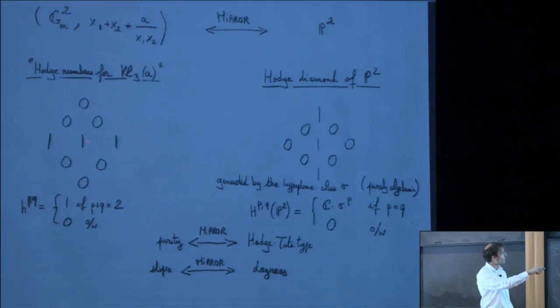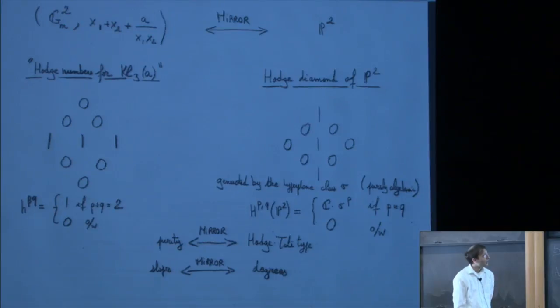If you think of slopes as a filtration in this direction, it's natural to put them as 1, 1, 1 in the middle. Then you flip the diamond, and you get this diamond.